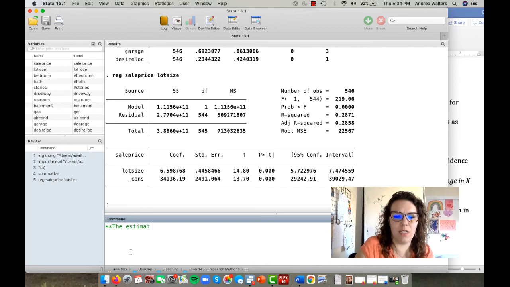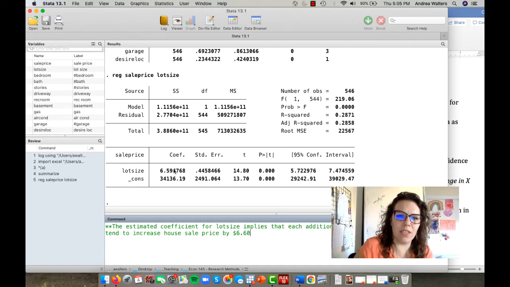So I'm going to say the estimated coefficient for lot size implies that each additional square foot of lot size will tend to increase house sale price by $6.60.